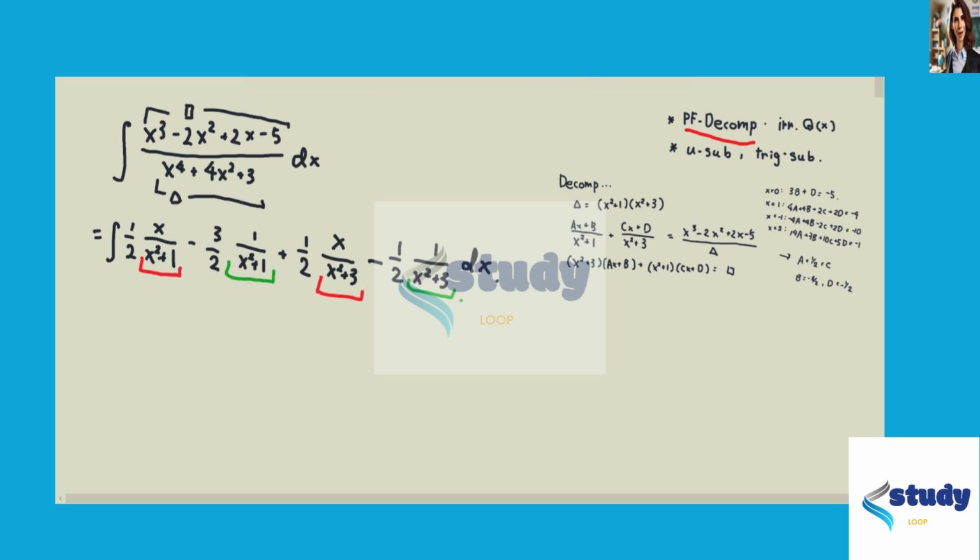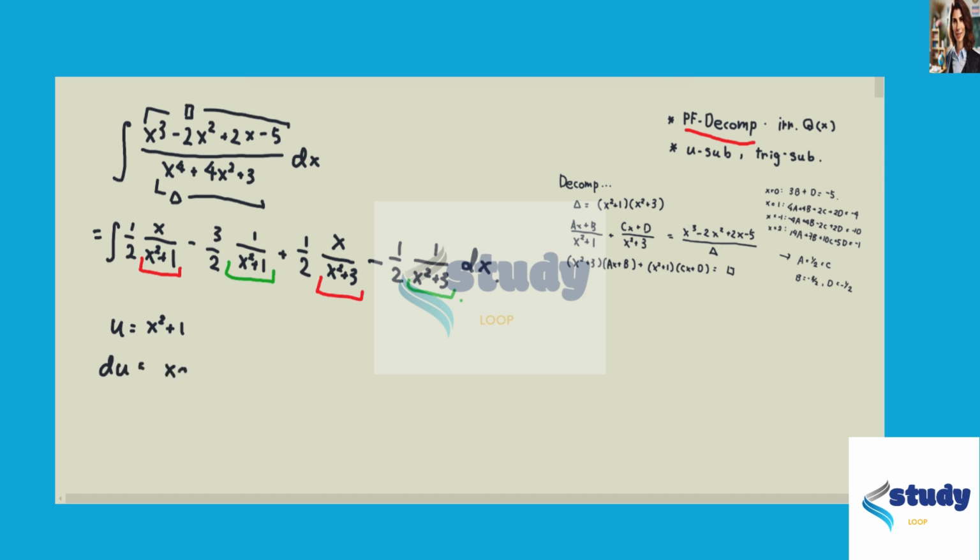Now, these two can be solved exactly the same way. It's just a straightforward U substitution. So I will go through one of them just to demonstrate how you would do it. Okay. All right. So let's start with the easy one, the red one, the U substitution. This portion, if I let U equal x squared plus 1, I know that du equals 2x dx.